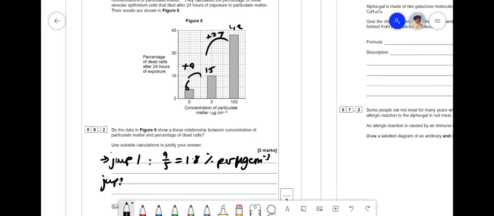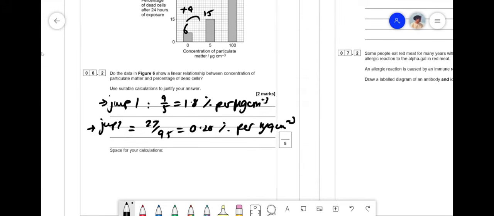Then jump 2 is going to equal 42 minus 15, which is 27, over 95, which is 100 minus 5, and that gives us 0.28. This is percent per microgram per centimeter cubed. You can see that they're not the same, therefore, no.